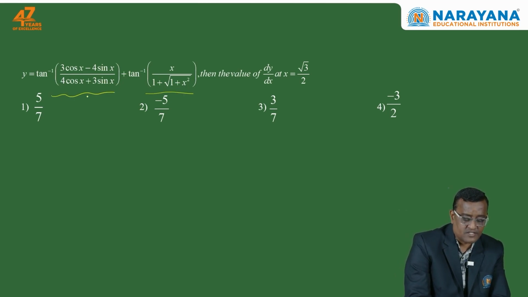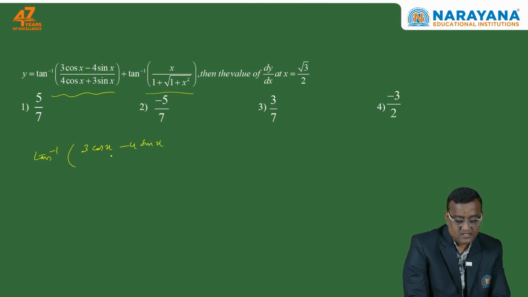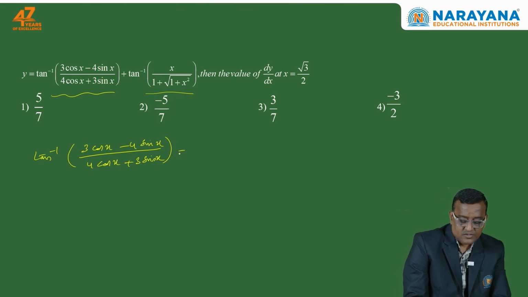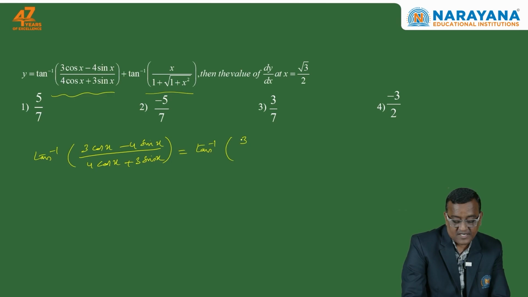First I am taking the first one, that is tan inverse of (3 cos x minus 4 sin x) by (4 cos x plus 3 sin x). To simplify this, divide numerator and denominator with cos x so that we get the terms inside the bracket in terms of tan.